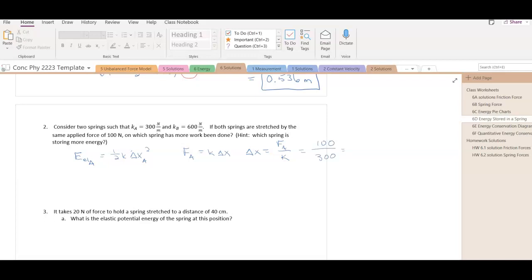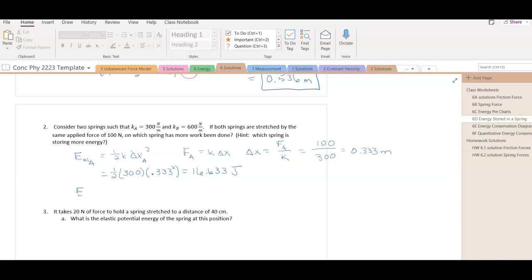So it would be 0.333 meters. Okay, so the energy in A would be half of 300 times 0.333 squared, which would be 16.633 joules.